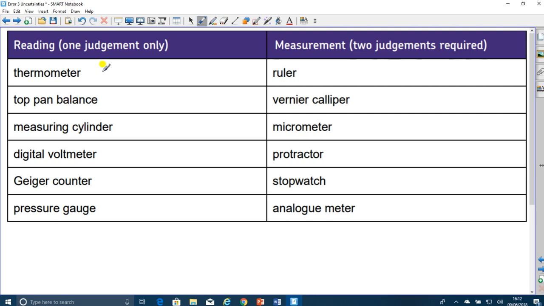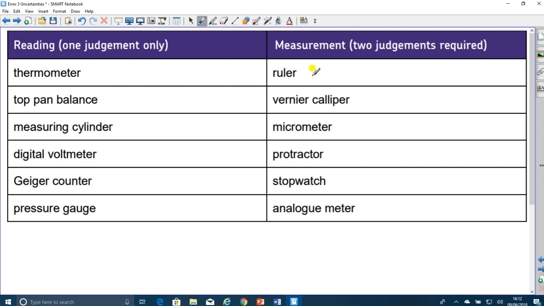In a thermometer, we assume that you only take the reading of where the liquid is up to, and that there is no zero error, that the reading is accurate. A top pan balance is the same, measuring cylinders are the same. You're assuming that the manufacturer has calibrated it accurately, so you only have to take one reading.